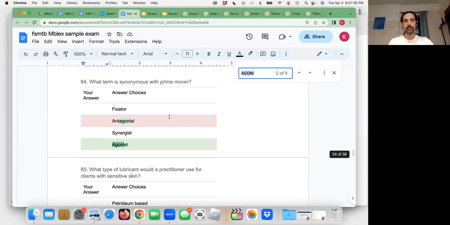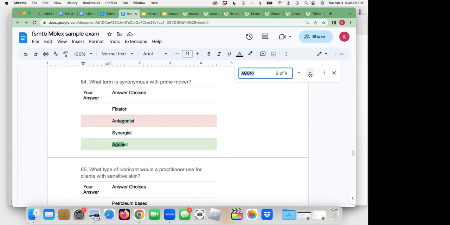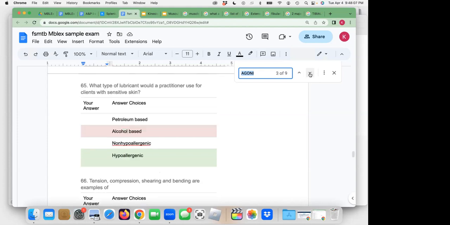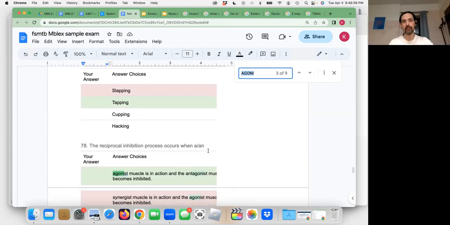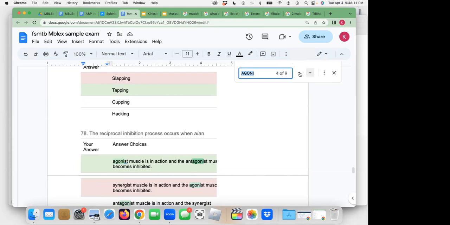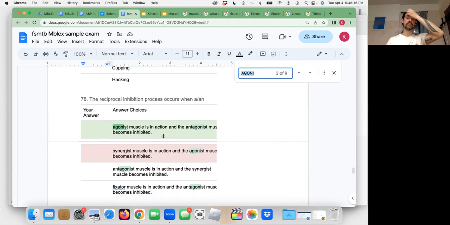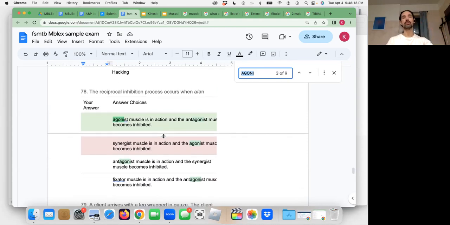Let's see. What term is synonymous with the prime mover, agonist or antagonist? Agonist. Reciprocal inhibition occurs when which muscle is in action and which muscle is inhibited: the agonist, antagonist, or antagonist, agonist?